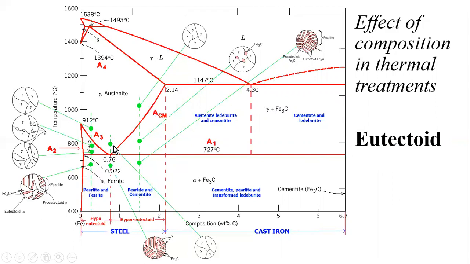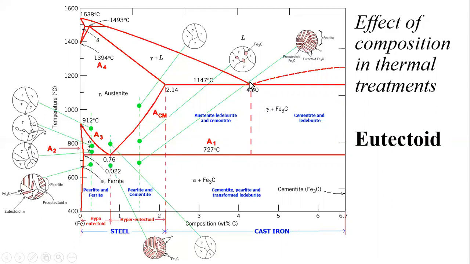In this case of the iron or the steel, you have 2 eutectoids. This is the first one, in which you have 0.76% of carbon at this temperature, which is 727 degrees. And at this percentage, you will have only one crystalline phase.